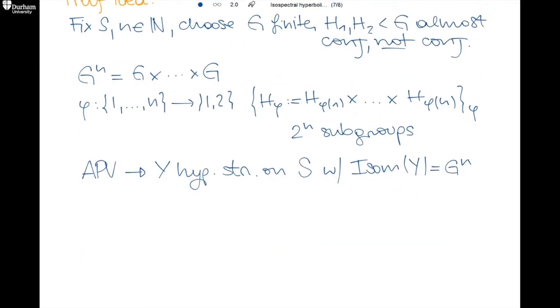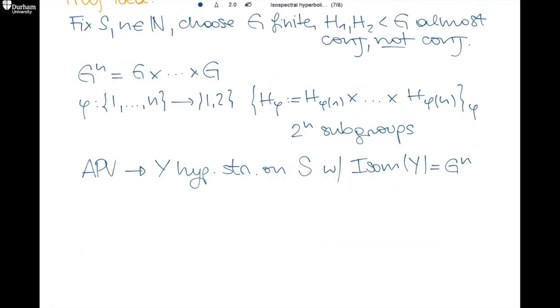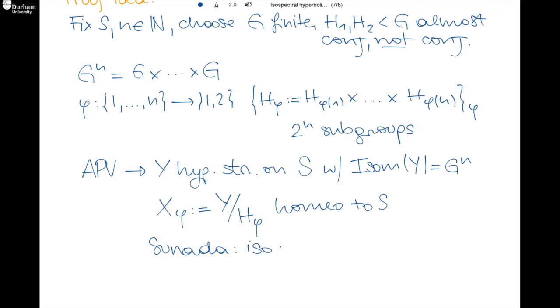And then the magic of the construction is that if I look at the quotients by all of these subgroups, they are all going to be homeomorphic to S. These are 2 to the n surfaces, and what Sunada tells me is that they are isospectral.